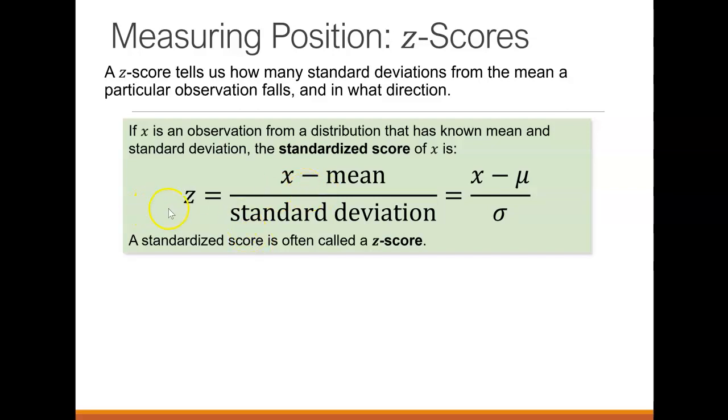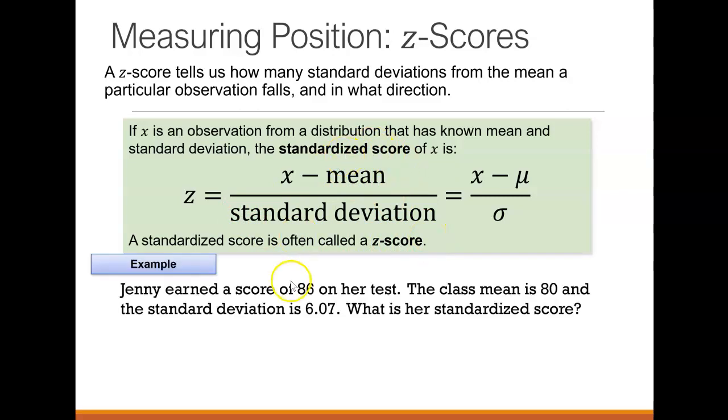So to calculate a z-score, we take the measurement, we subtract the mean and divide by the standard deviation. So if I do the same thing for Jenny here, let's say her class mean was 80 and her standard deviation was 6.07.